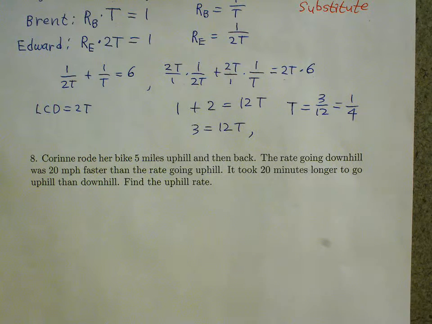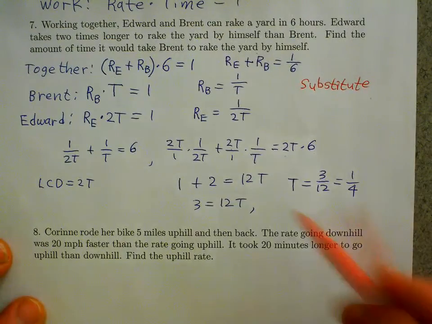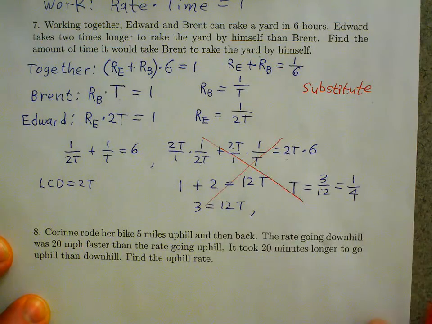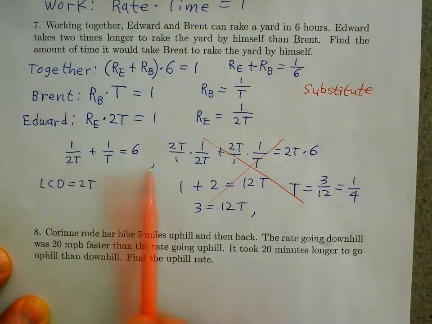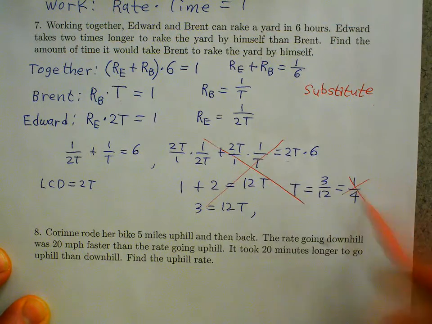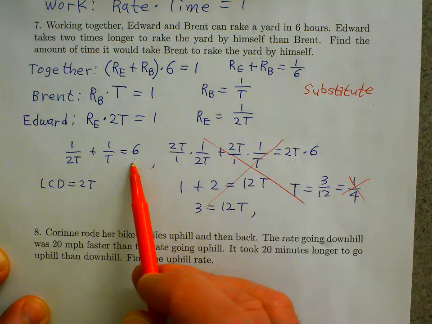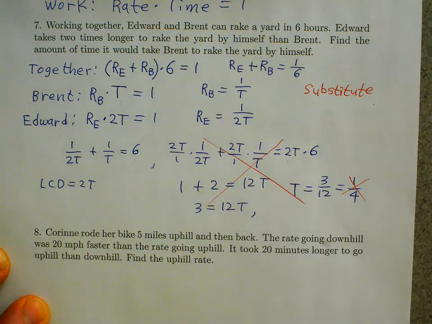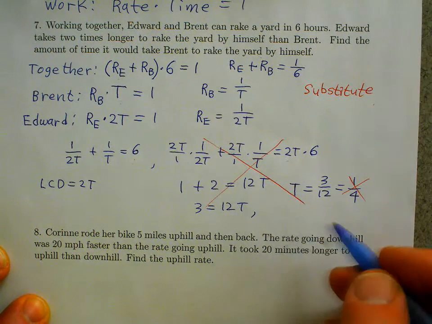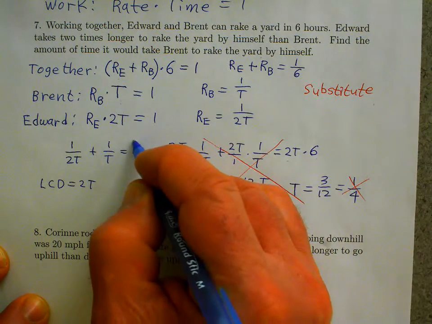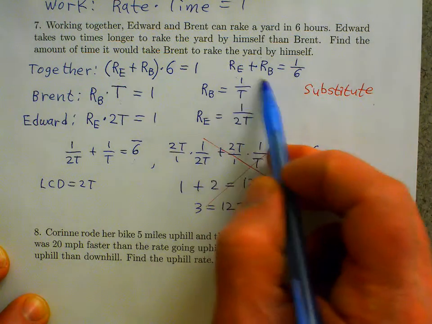I need to go back to this problem that we did. I made a really bad mistake right here. I was thinking, this can't be the answer. This should be 1/6 instead of 6. Right, because the sum of the rates is 1/6.